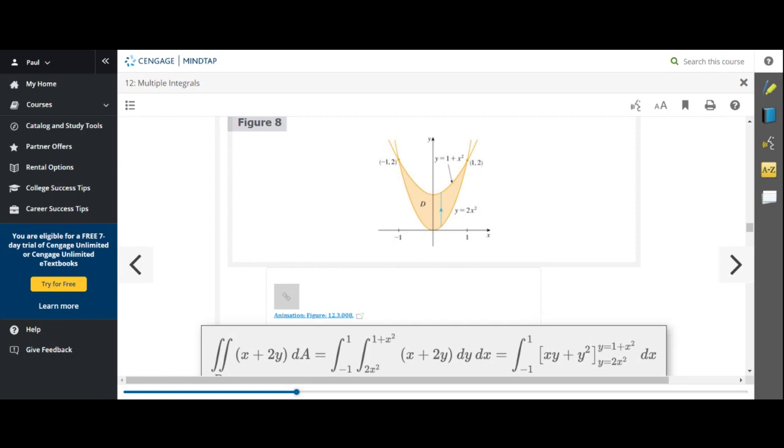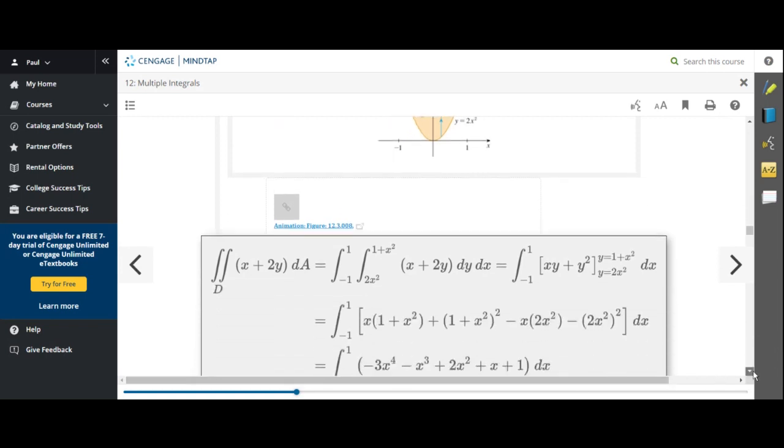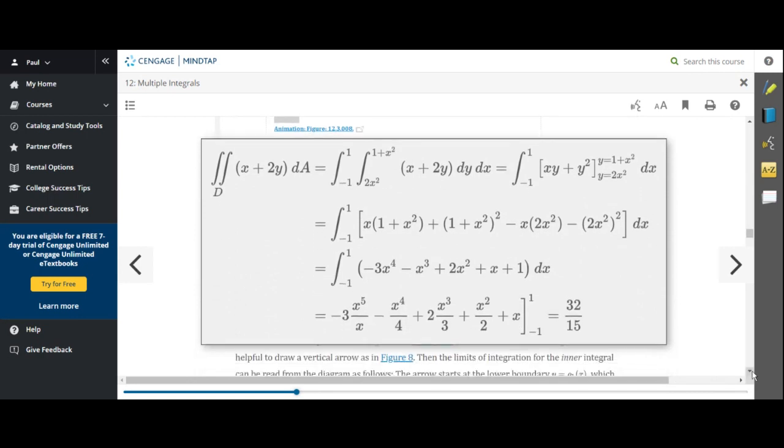All right. Well, so this is clearly a type 1 region, and we have the double integral there. We get the antiderivative of x plus 2y with respect to y, which is xy plus y squared.